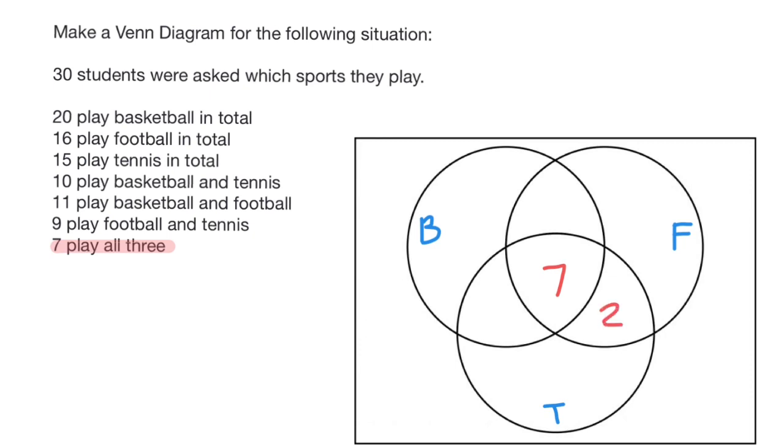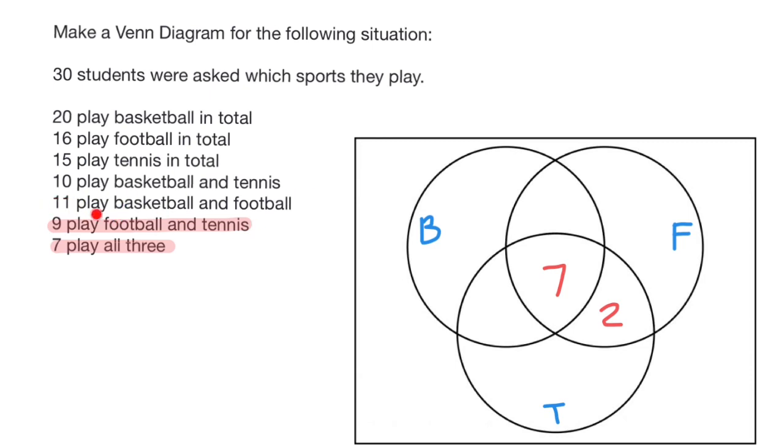We put here people who play both tennis and football. So don't forget that 7 people play all 3 sports. So 7 plus 2, 9 people play both football and tennis. Where these 2 circles overlap, we have 9 people in this intersection. So we can cross this out and go to the next.